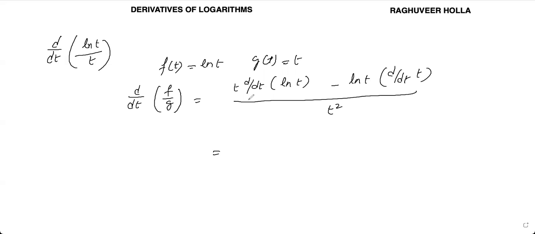So this is 1 by t, and t gets cancelled. So you get 1 in the numerator, and this is 1. So it is 1 minus ln t by t square.